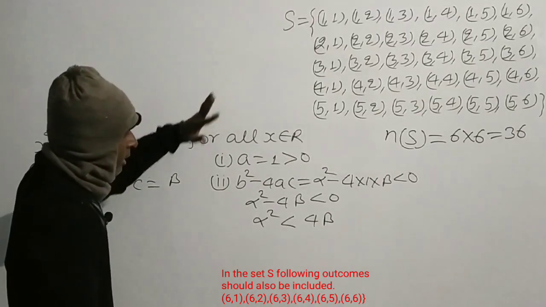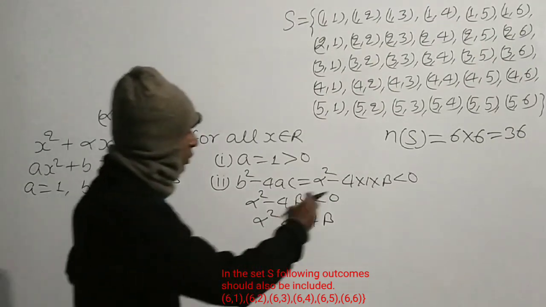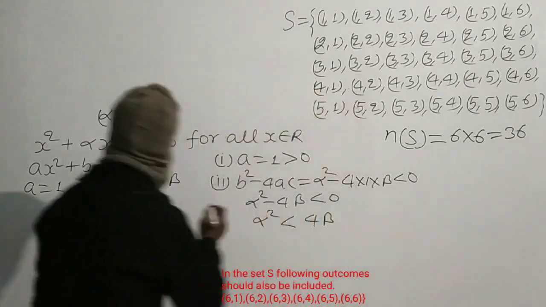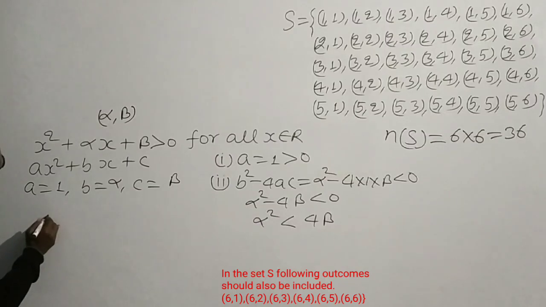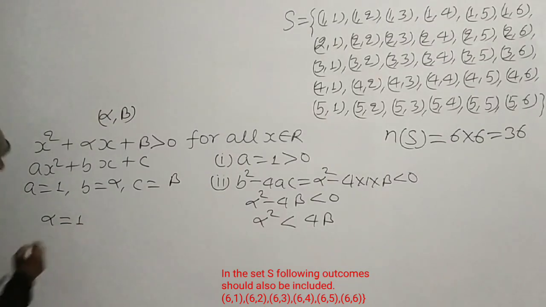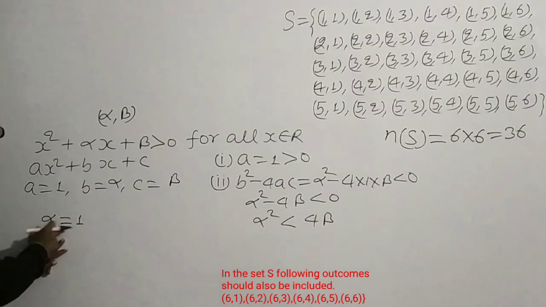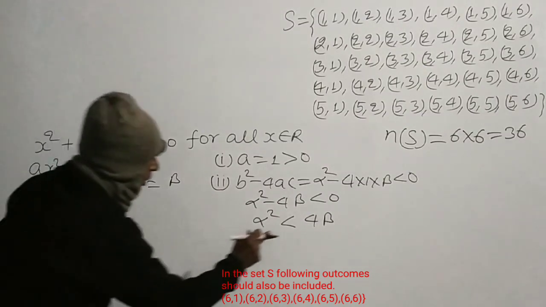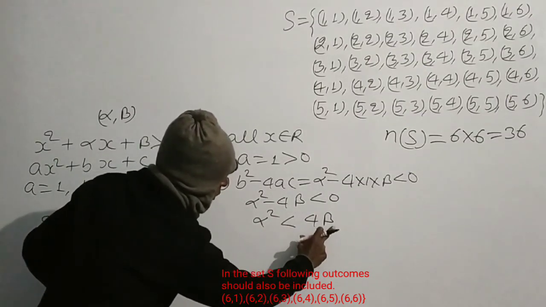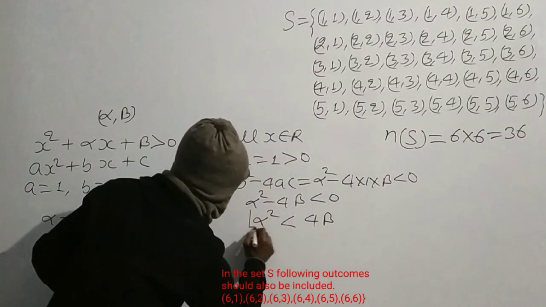This event will occur. Now, suppose this is the value of alpha. We put alpha is equal to 1. When we take the value of alpha as 1, what value can beta be so that this condition is satisfied?